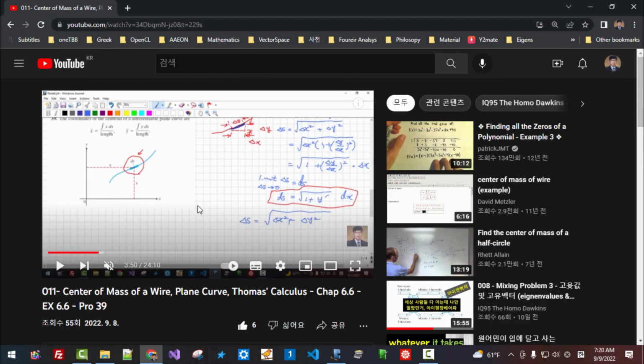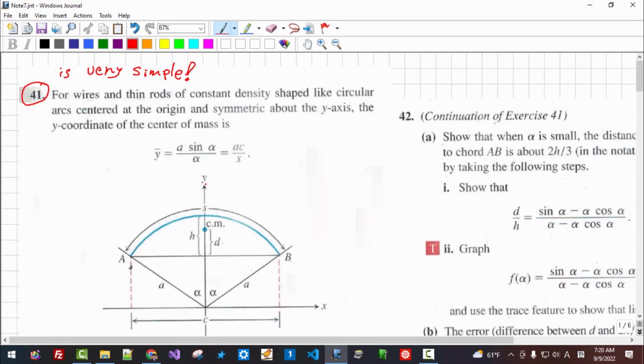If you watched this video, solving this problem is just a piece of cake.